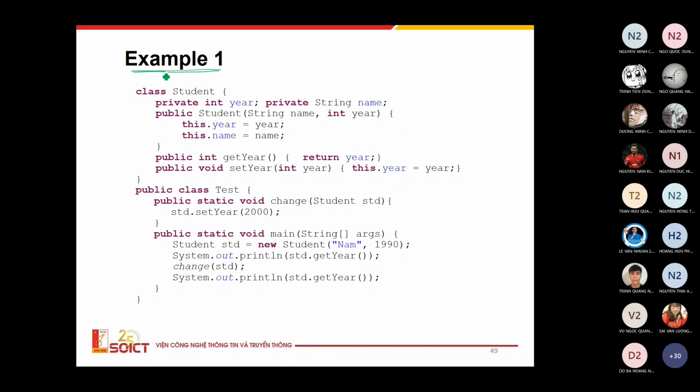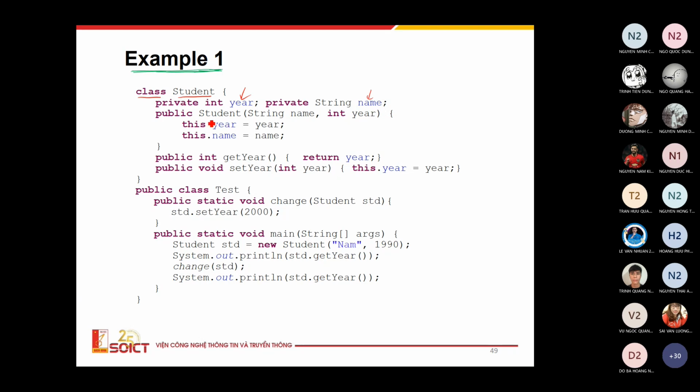Okay, so let's see this example, and try to focus on this part. Firstly, you can see here a class Student. In this class, we will have 2 attributes.